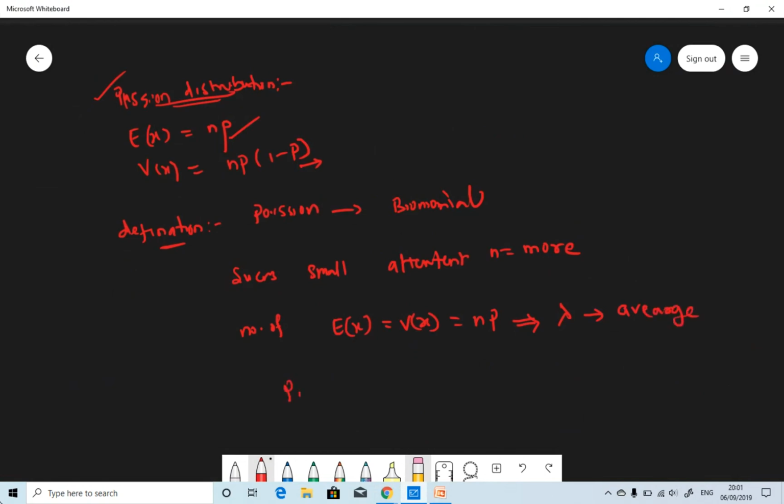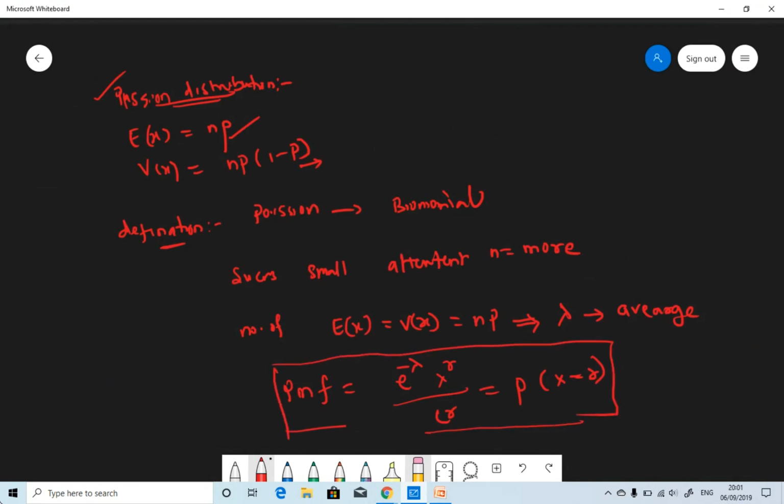What is the probability mass function for this? It equals e power minus lambda into lambda power r by r factorial, for X equal to r. This is the formula.